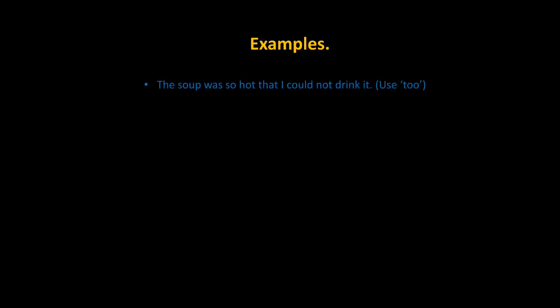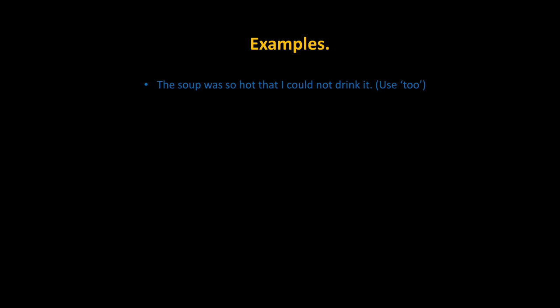Example number 1: The soup was so hot that I could not drink it. Friends, you can see in this sentence "so" and "that" are there. If we want to use "too", we have to remove these two words.